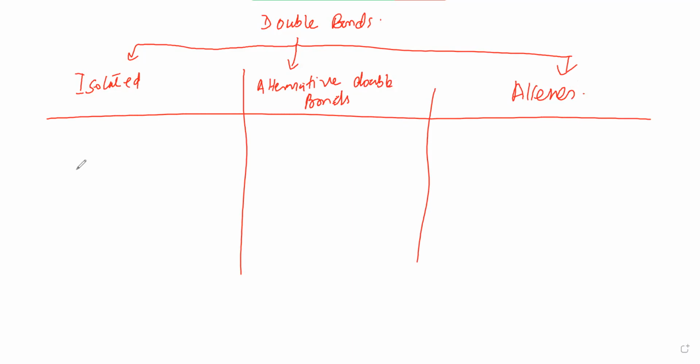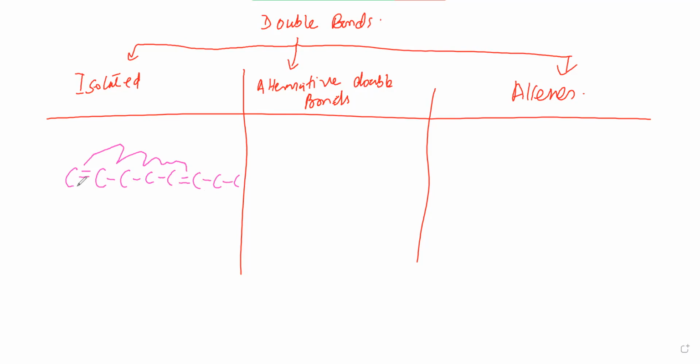Isolated double bond means what? Suppose you have a carbon-carbon double bond, then a carbon-carbon single bond, then single bond, then single bond, then double bond, then single, and so on. So here you can see in this structure, the double bonds are far away from each other. There is a gap between the double bonds.